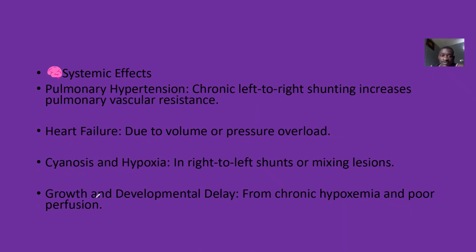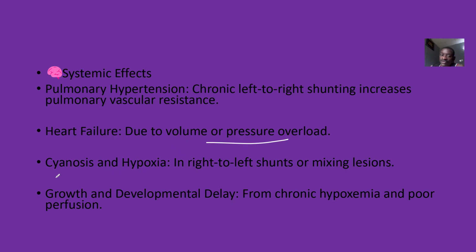So moving forward, systemic effects, pulmonary hypertension. Sometimes the blood moving to the lungs is too much, so you have an effect on the lungs. So you're having many organs failing now. If the volume is overloaded, it can have an effect on the heart too. If the lungs are full, the heart can no longer pump blood to the lungs, so you have a backlog in the heart too, leading to heart failure.